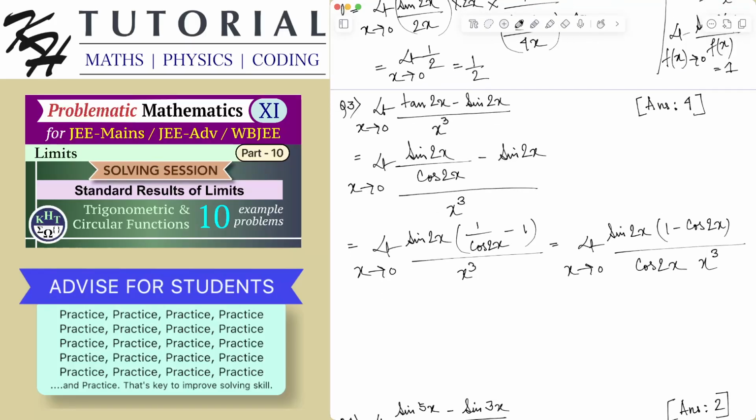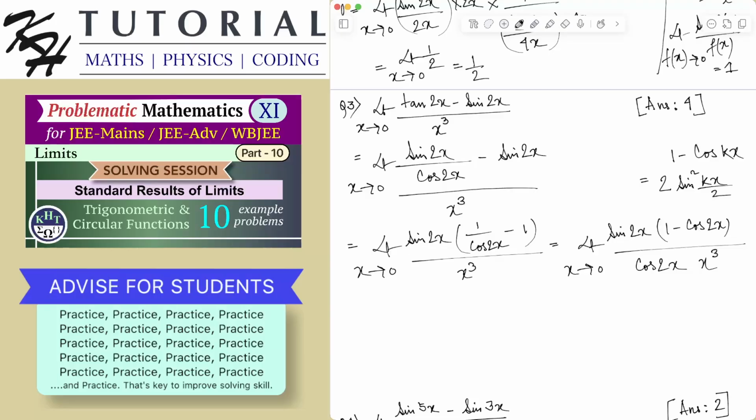Now one important concept you must always apply whenever you have anything of the form 1 minus cos kx: always rewrite it as 2 sine square kx by 2, that is, 1 minus cos x is equal to 2 sine square x by 2. Always try to express any expression of the form 1 minus cos kx as 2 sine square kx by 2.